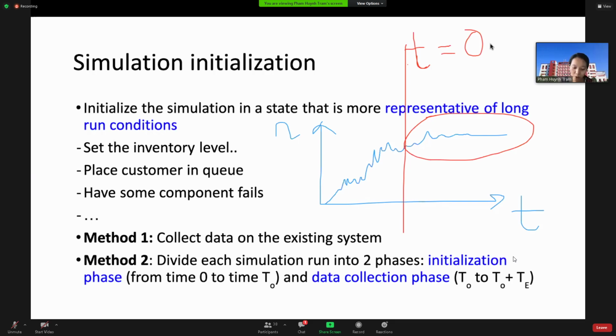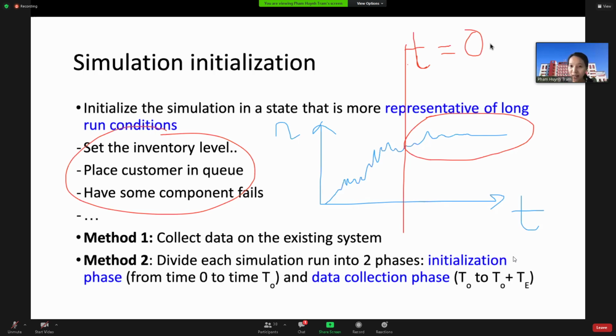But we set the initial inventory level or the initial customers at time t0, or let's say we set the initial component failures in our system. All right, and this initial state somehow represents the steady state. We have to set it at the beginning.